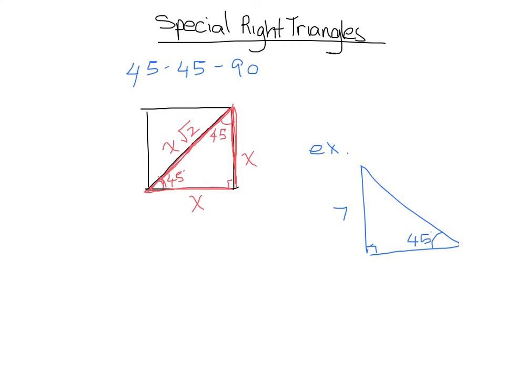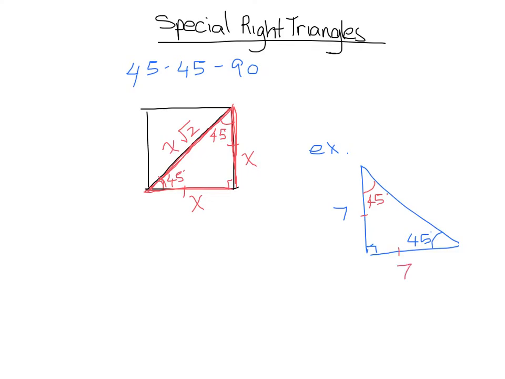So that would mean that this is also 45, which would mean, oh great, we have a 45, 45, 90 special right triangle. That means this side has to be equal to this side. Remember from our original drawing that our leg lengths will be the same. So that means that this is also 7.